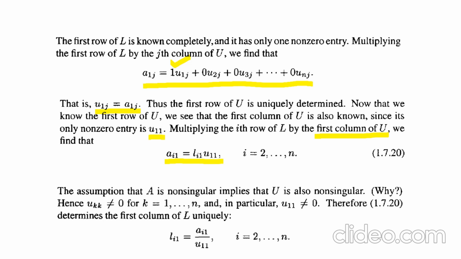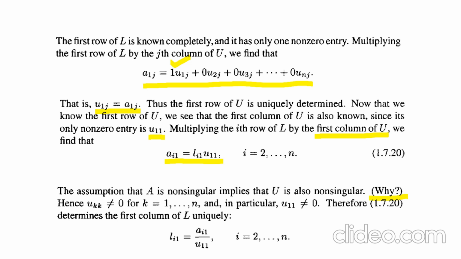The assumption that A is non-singular implies that U is also non-singular. Why do we say this? Hence Ukk is not equal to 0 for k equal to 1 to n.